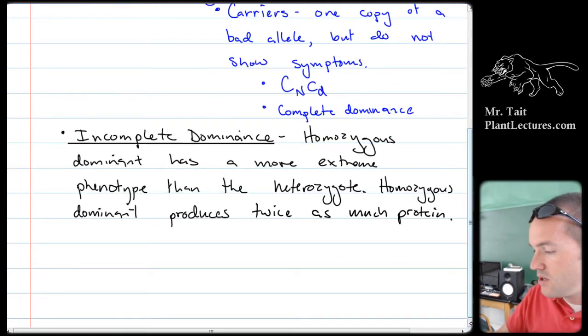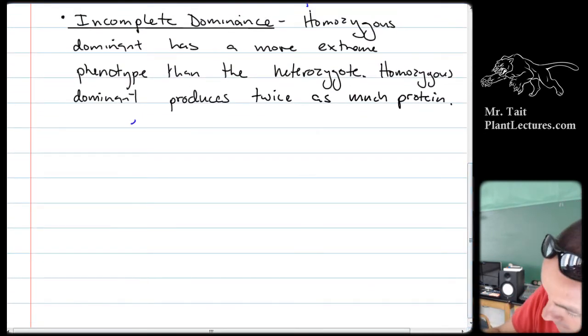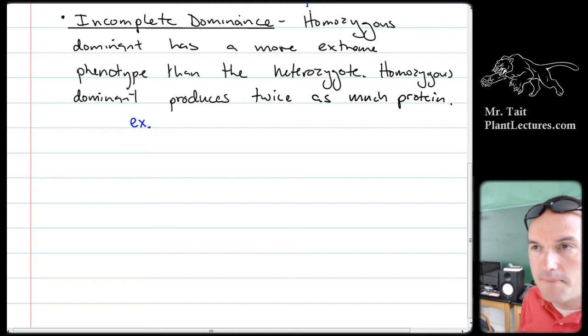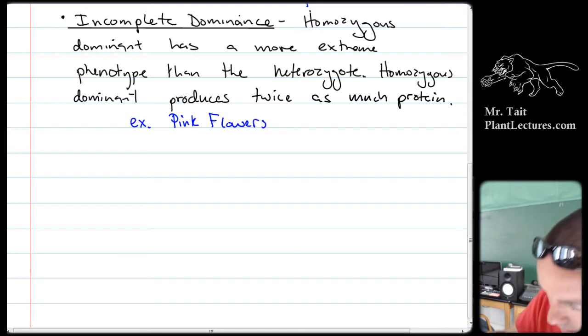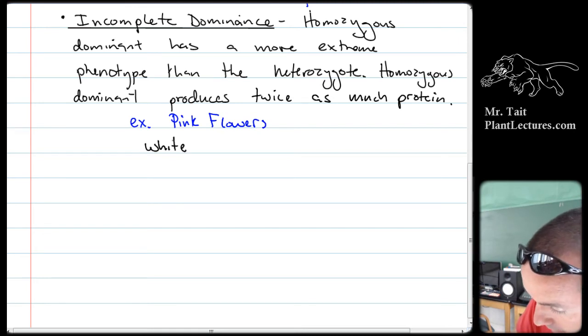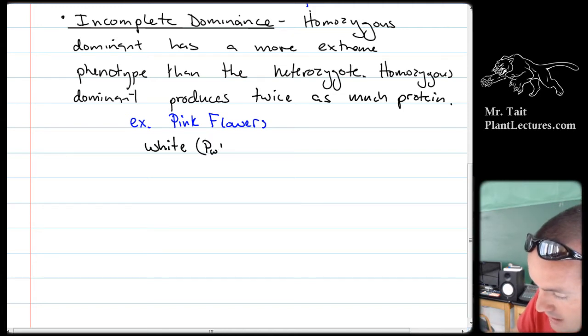Okay, so the example of this is the pink flowers. Okay, so if you took a white flower, and the white flower, let's say that this is pigment here, and they have pigment white, like that.